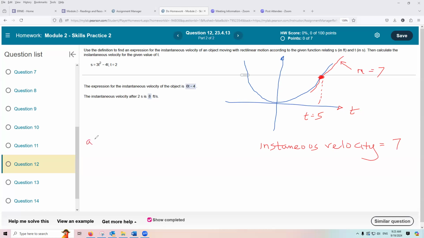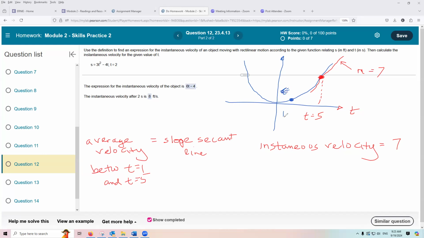Now, there's another measurement called the average velocity. The average velocity is the slope of the secant line joining 2 points. So let's say they said, what's the average velocity between t equals 1 and t equals 5? Well, to answer that, I would come here to the curve at t equal 1.